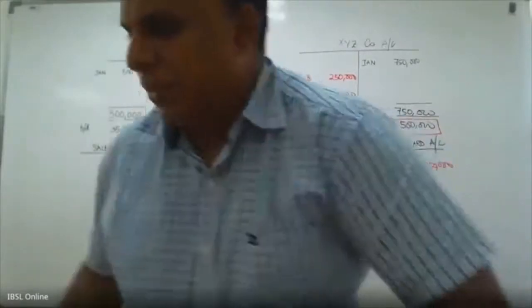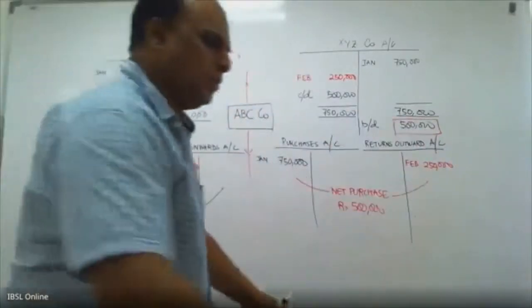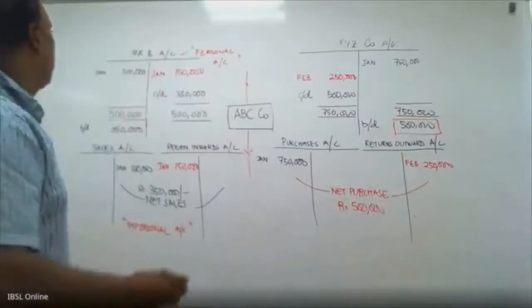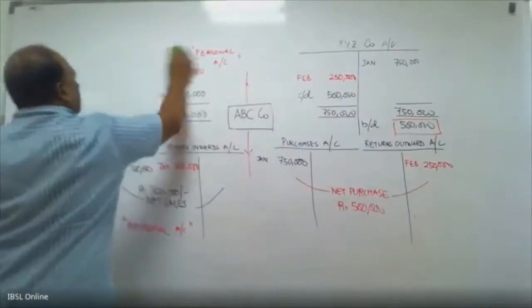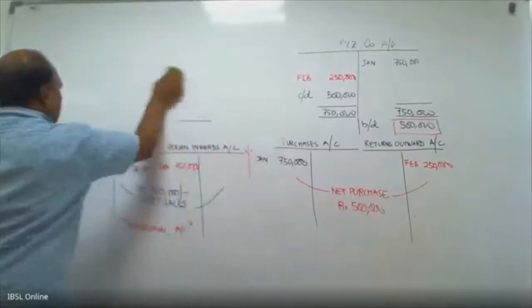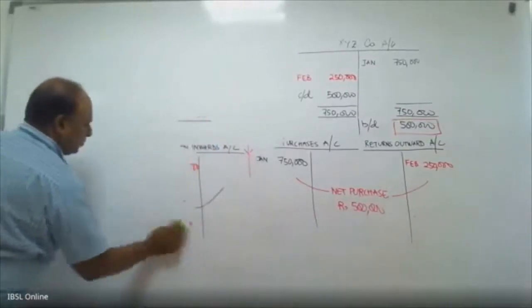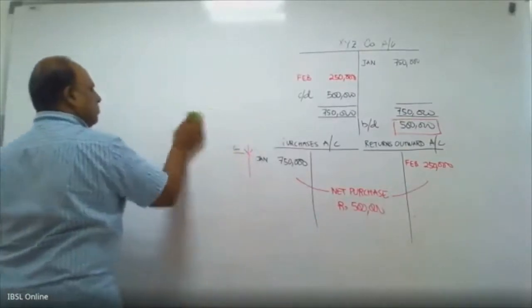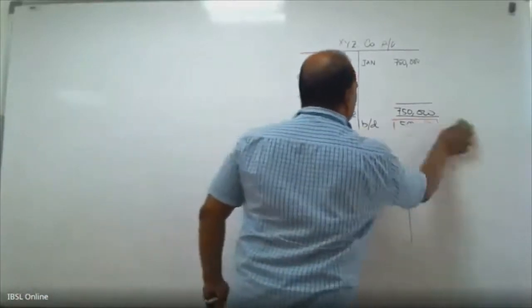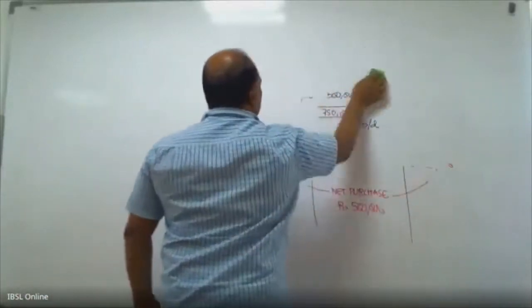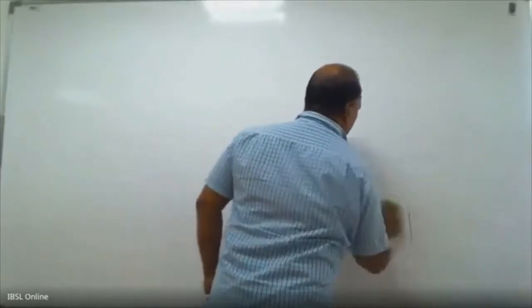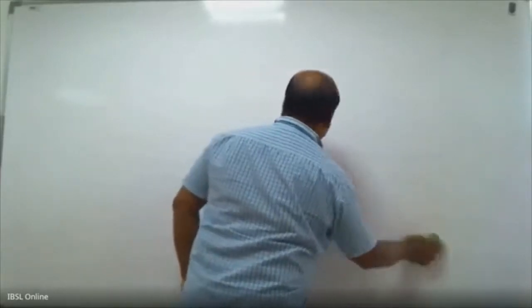Right. So let's look at the cash book. The cash book is also something like a T account.